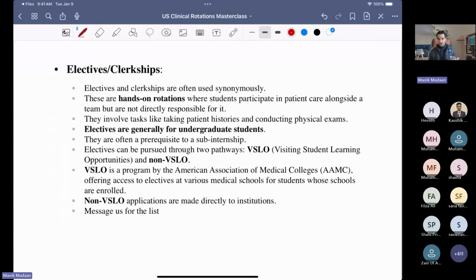Second is electives or clerkships, right? These are experiences which are hands-on. Sub-internships are also hands-on, but they are more meant for medical students. It's a level below sub-internships.